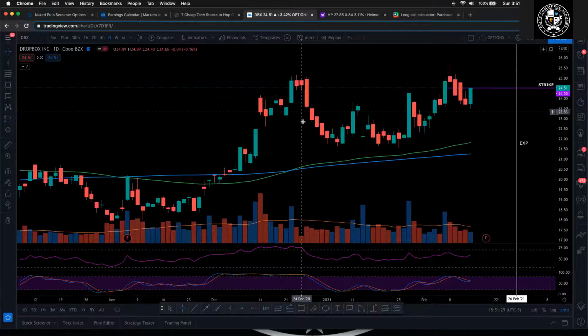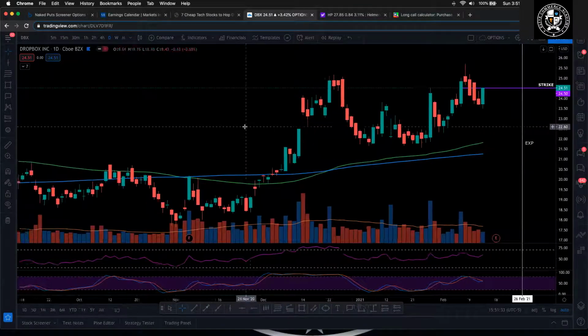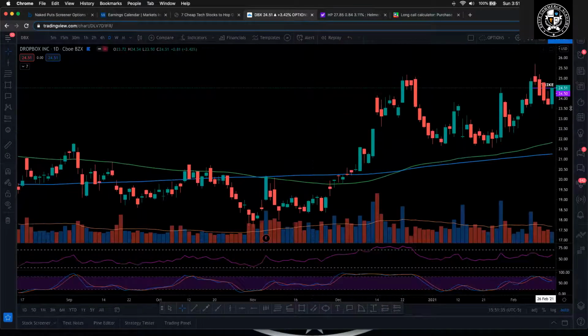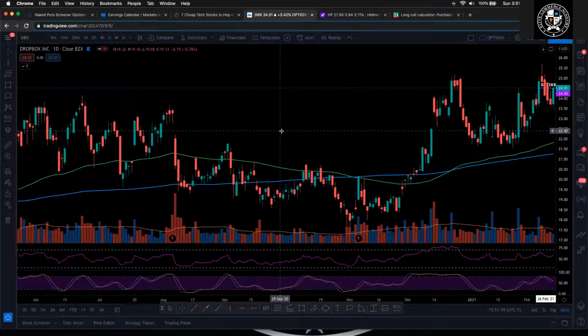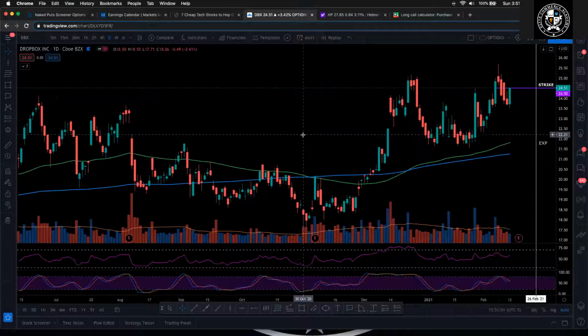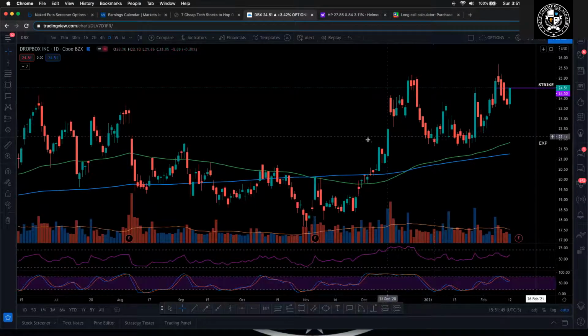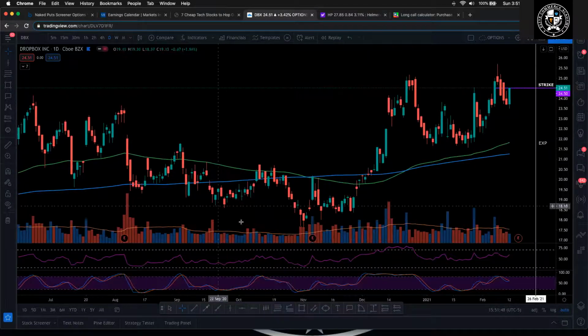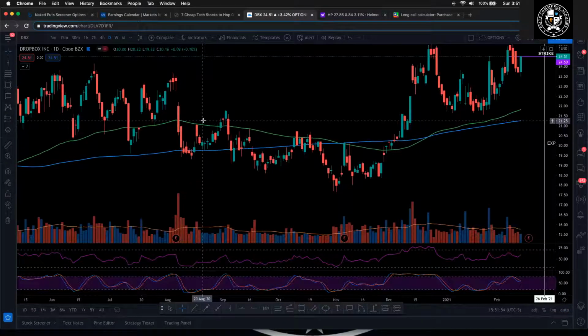So normally what happens to me when I'm on my A game, I'm looking at a trade like Dropbox, and I wasn't tapped in like I should have been. If I was tapped in like I should have been, I might have came in right here, or I might have came in right here. Now, let's just use this as an example. If I would have came in right here, it would have been because I'm looking to go in and I'm looking to buy.